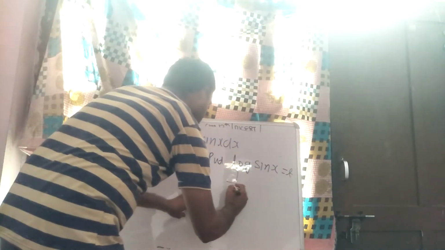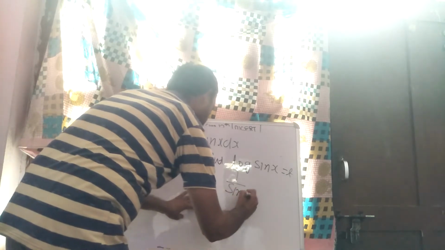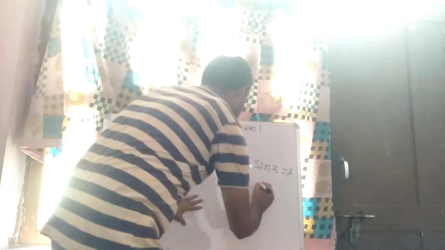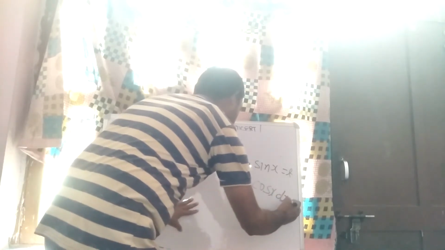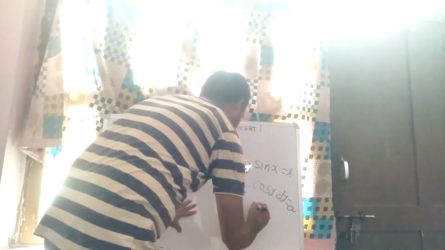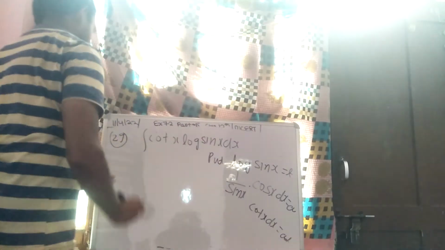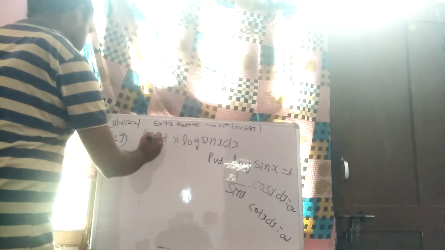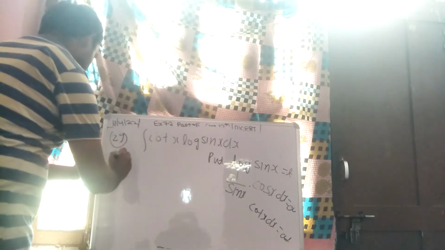This is the differentiation: 1 upon sin x into the derivative of sin x, cos x into dx, equal to cos upon sin, cot x into dx, which is equal to dt. We also put cot x into dx, and cot x log sin x dx equals t dt.